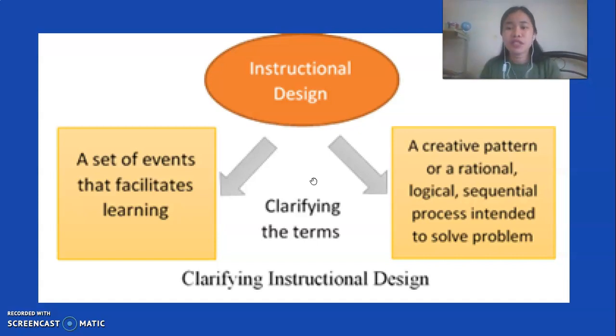It involves a set of events, starting with writing the objectives. And specifically on the procedure part, you include what? You start with the preliminary activities like prayer, drill, motivation, and after that you provide activities, you proceed to analysis, and so on and so forth. So we can say that a lesson plan is an instructional design.